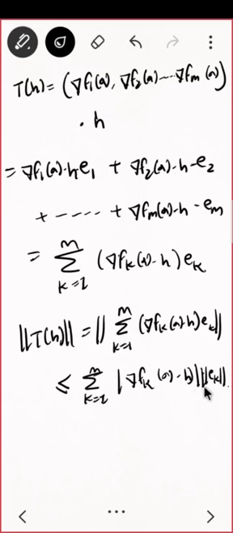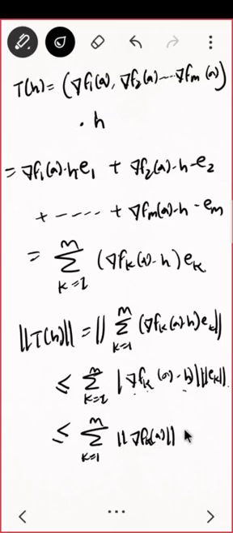But what is norm e_k? That is 1. So if you apply the Cauchy-Schwarz inequality, it will be the summation for k equal to 1 to m of norm del f_k at a into norm h.